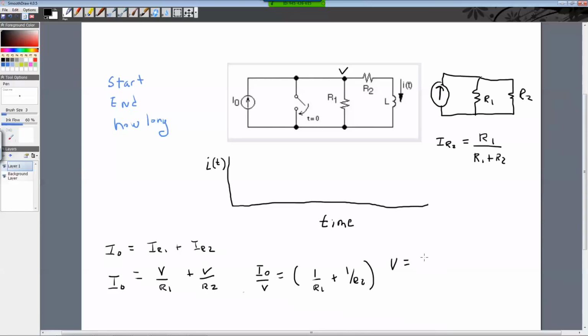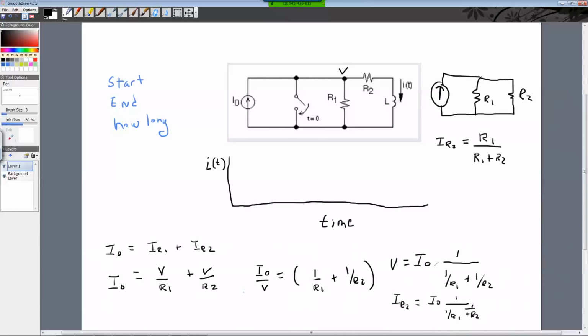I should have just left that there. I naught. Then IR2 equals the voltage, I naught times 1 over R1 plus 1 over R2.